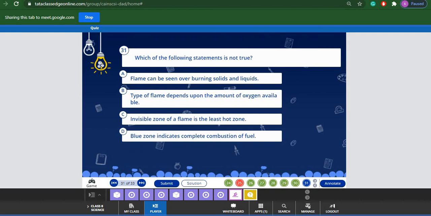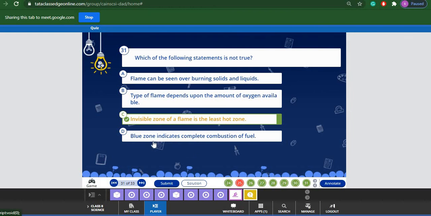Sir, A. What about Mania? Is it A, C or something else? So I select C, and let's check. C is right, not A. Lisa, is it clear? Yes, sir. Solids and liquids as well as gases all will burn in the presence of oxygen.